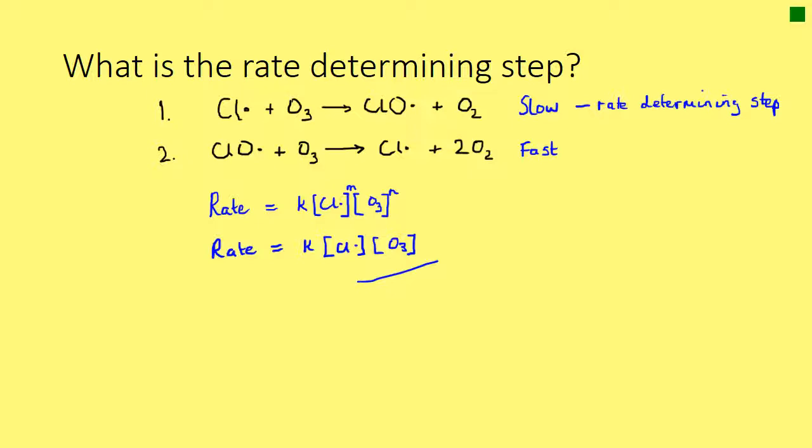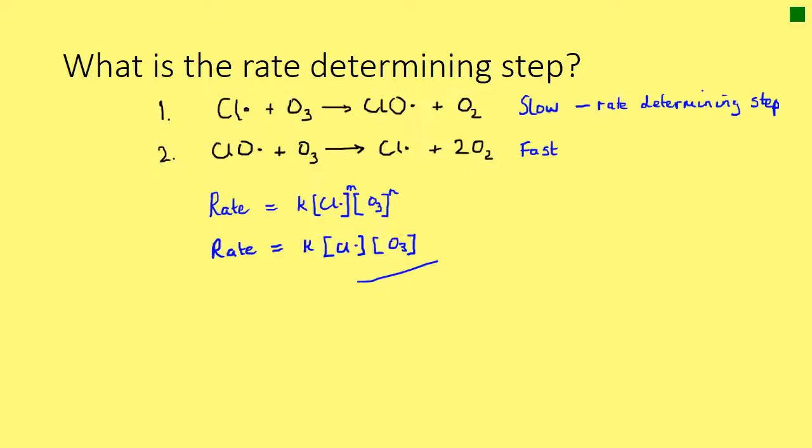So the next thing we can do is use this information in order to generate a rate equation. Let's start off with a fairly generic form of the rate equation. We know that the rate is going to be equal to the rate constant times the reactants.